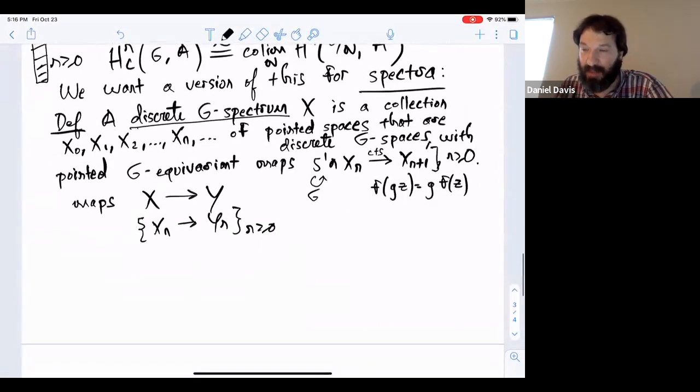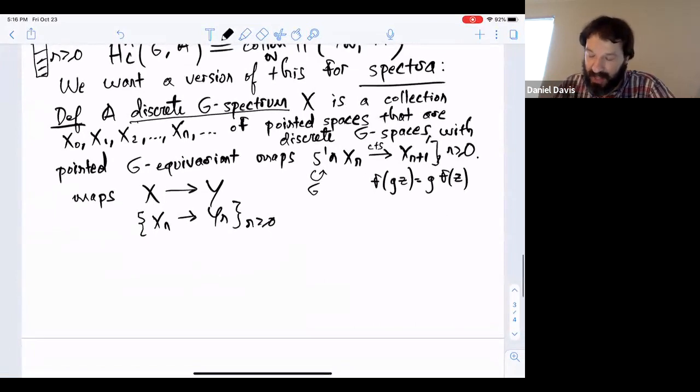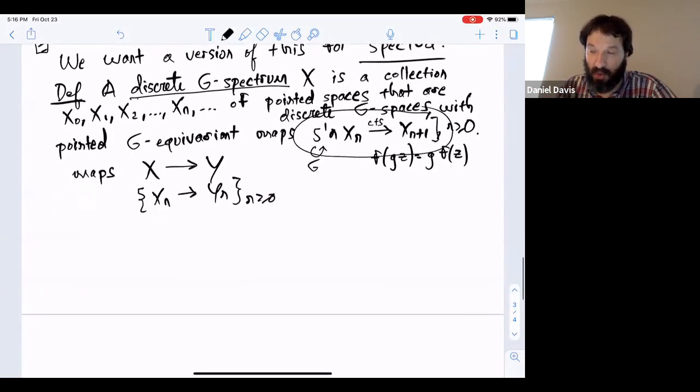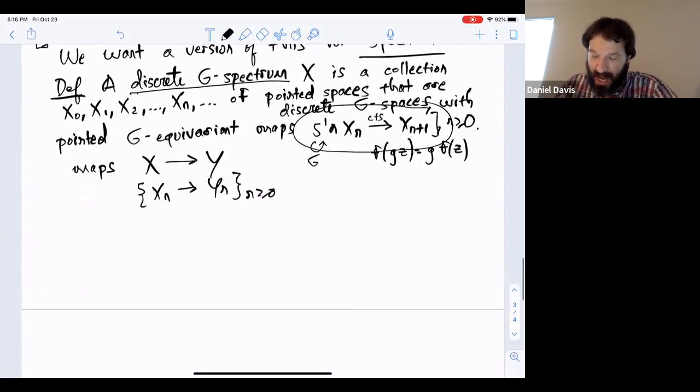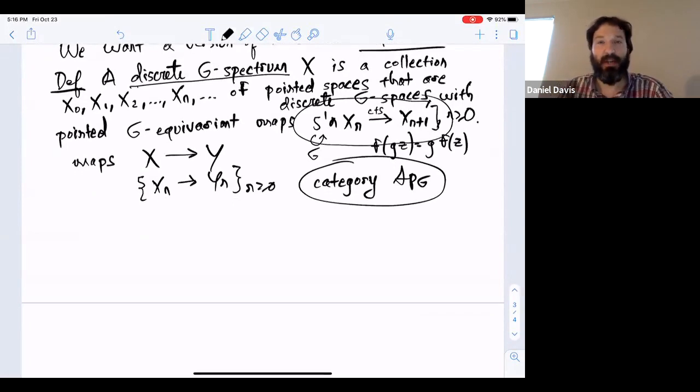These maps are required to be G equivariant, and they are compatible with the structure maps. So we have morphisms between these objects, and this gives a category. Let's write this category as SP sub G.